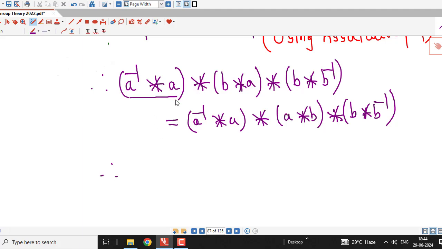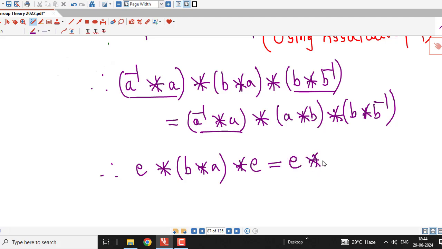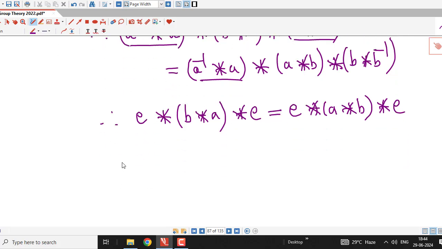Now by the definition of inverse, this is the identity element. Suppose E is the identity of group G and this is also the identity element. Same thing here, E star A star B and B star B inverse is the identity element.